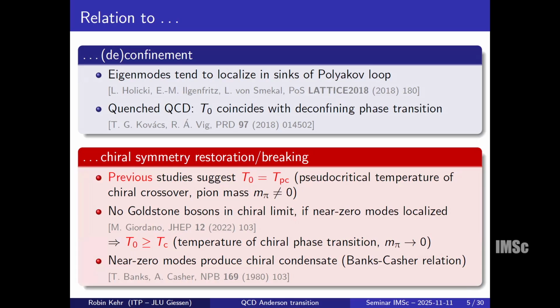So this gives us a lower bound for our temperature T_0, where here T_c is now the chiral phase transition in the chiral limit. So for zero pion masses, we have an exact phase transition. So we expect at latest the mobility edge to vanish at T_c. And then also the eigenvalues are directly connected to chiral symmetry breaking, or more precisely the near zero modes, because they produce the chiral condensate via the Banks-Casher relation.